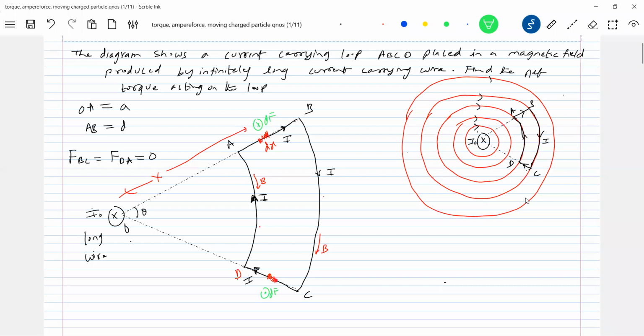So what is the axis about which the torque will be set up? This is the axis about which the loop rotates.